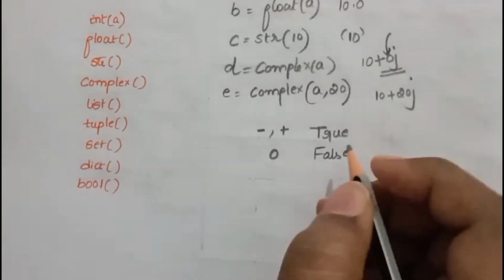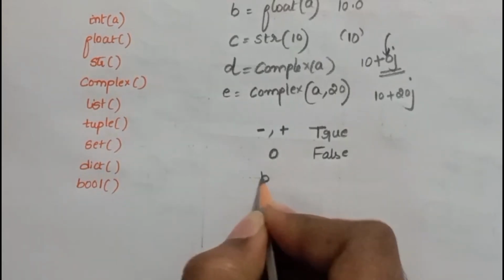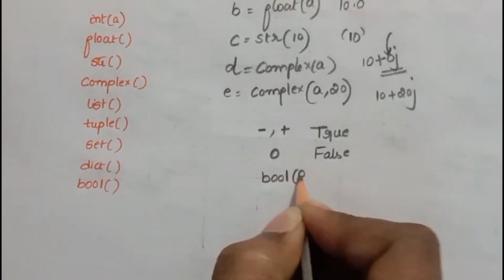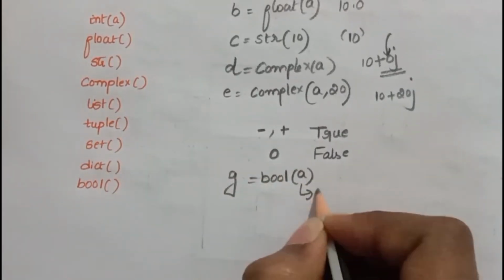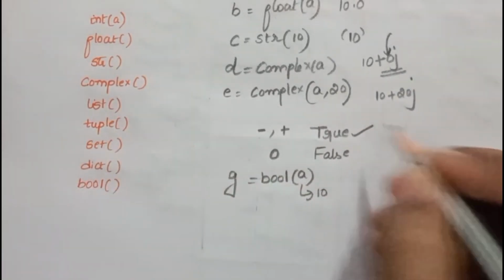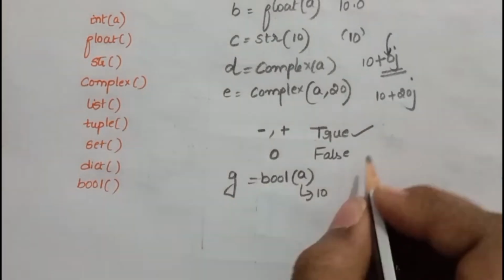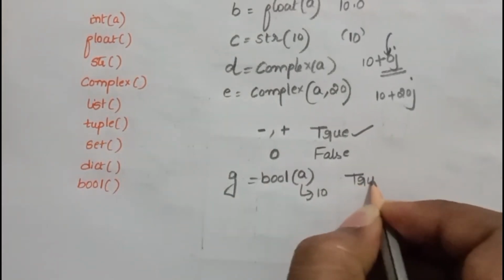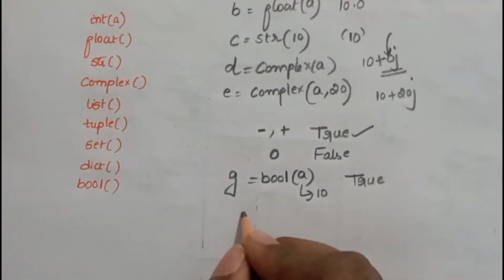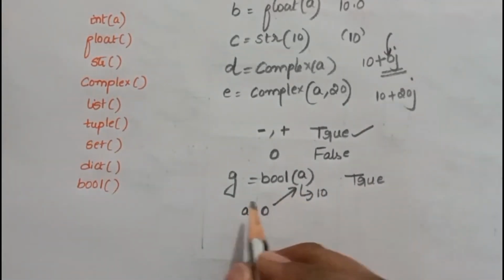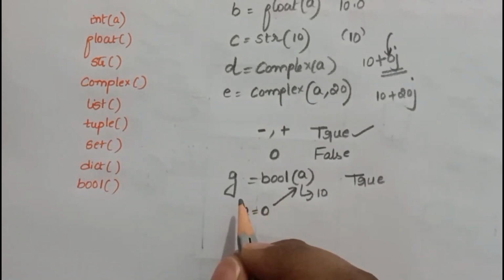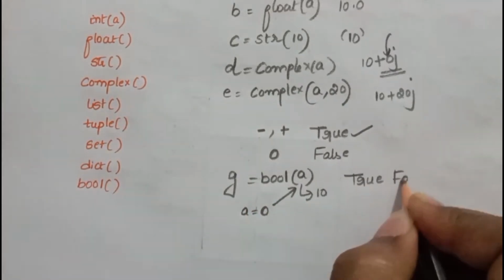So if we typecast the value of a into bool, since a is storing 10, it is treated as true. The value that gets stored in g is true. Let's suppose the value of a is 0. Now, if we typecast it into bool, the value that gets stored in g is false.